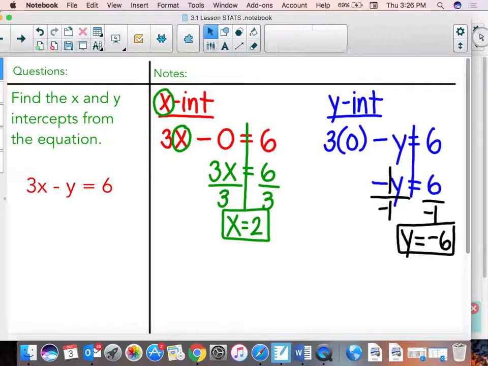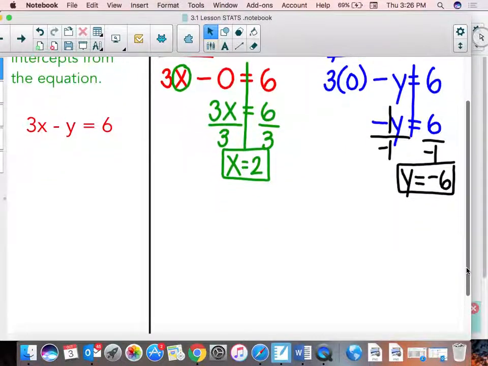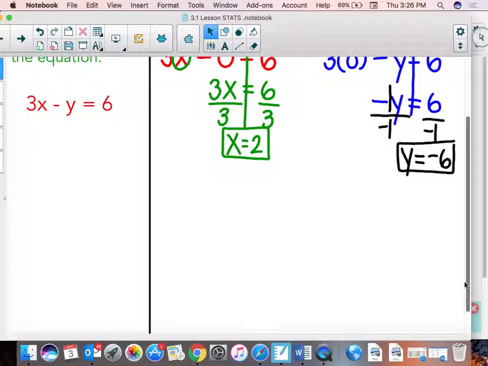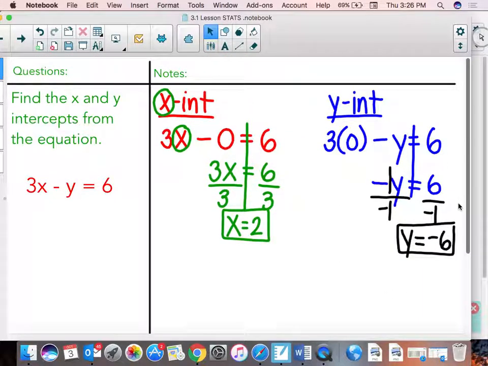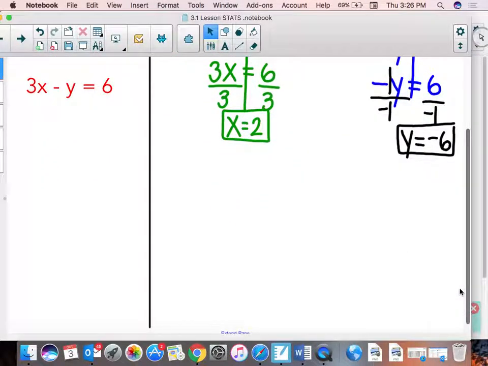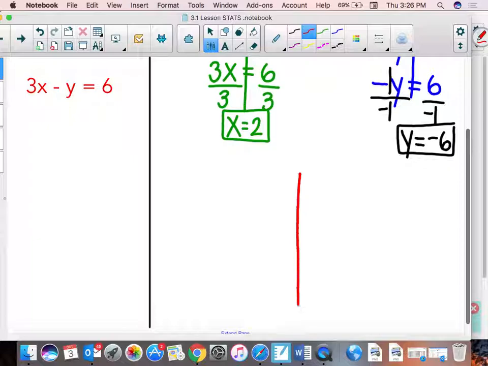You have to have the correct sign there. Otherwise, your answer won't end up right. Again, make sure your x-intercept, when you're done, you should have x equals. Your y-intercept, when you're done, you should have y equals. All right. 2 and negative 6.